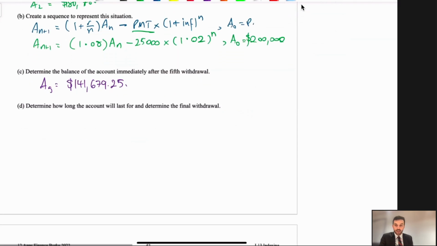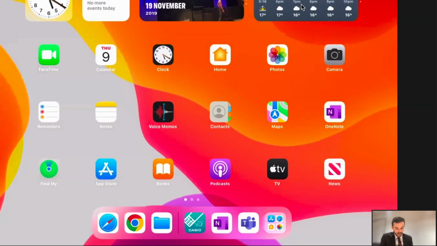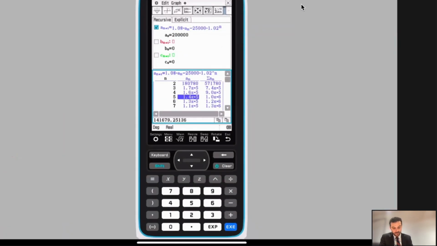And then the last question is, determine how long the account lasts for and determine the final withdrawal. So we'll go back to our app. When will it last? So we've got this. A11, it's $12,884. And then A12, it's dipped below, it's gone to negative $17,000. Now obviously, realistically, that will go to 0, and that's the amount you've overpaid by.